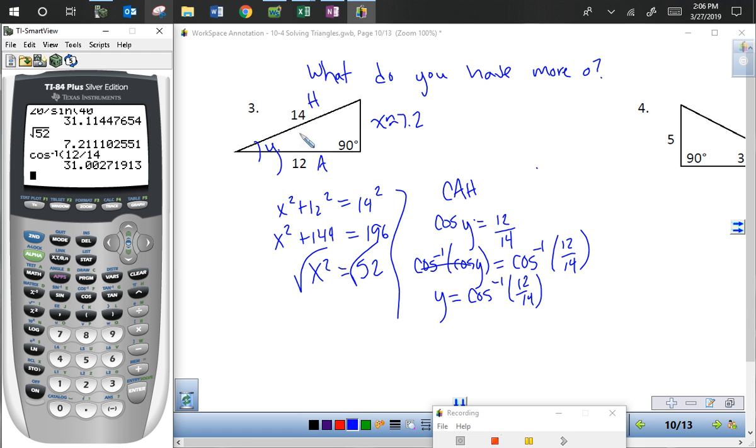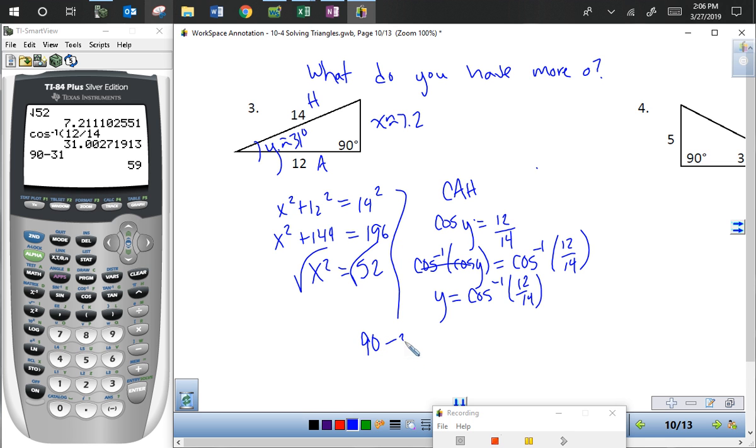And that angle is 31 degrees. So then for the other one, we just take 90 minus that, remember? If you think you might forget, jot it down. And we get 59 degrees.